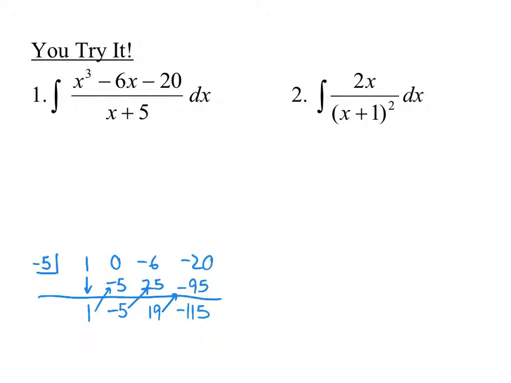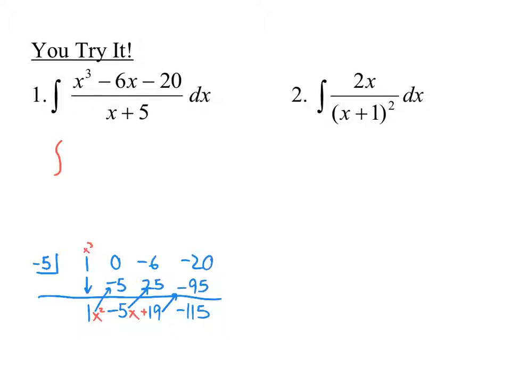Okay, so how does this help us? Well, let's look at what that actually gives us. I can now rewrite this integral as the integral of, I started with x cubed, so that means this is an x squared, x, a constant, and then this is the remainder.